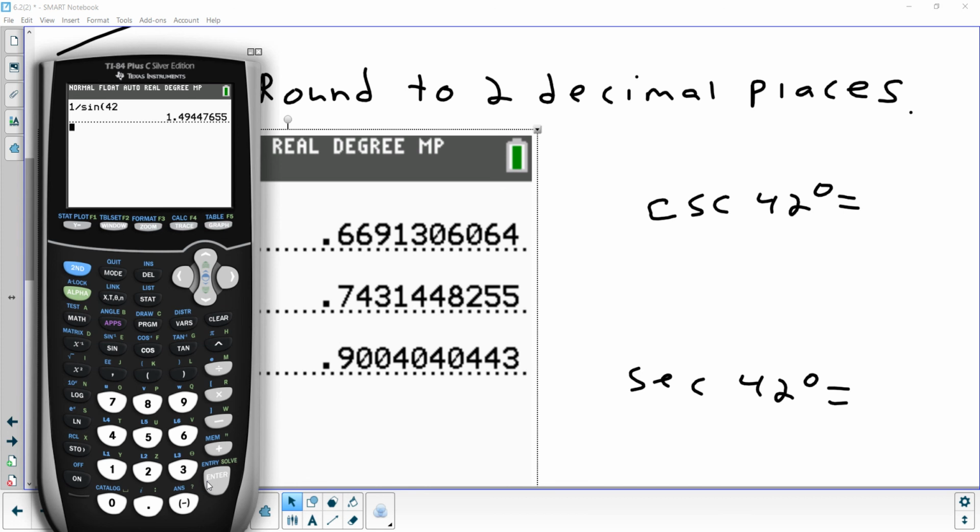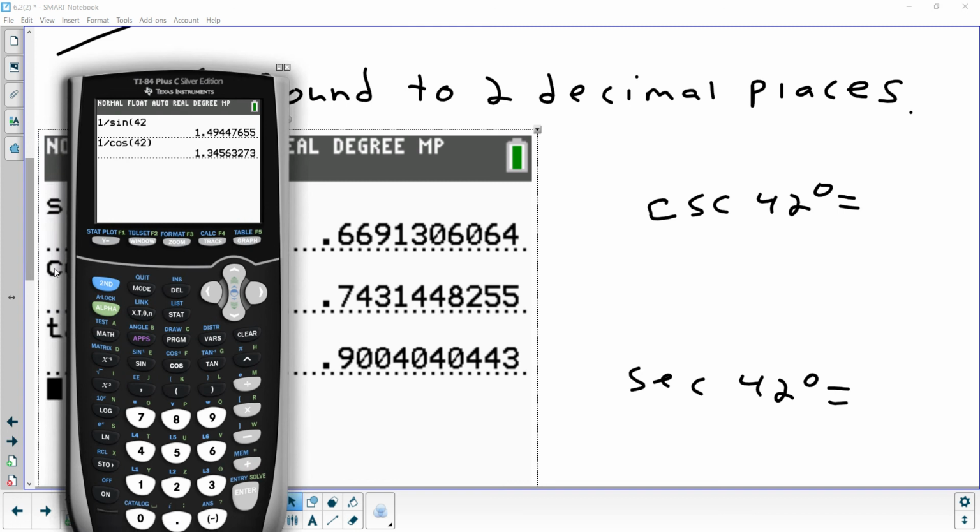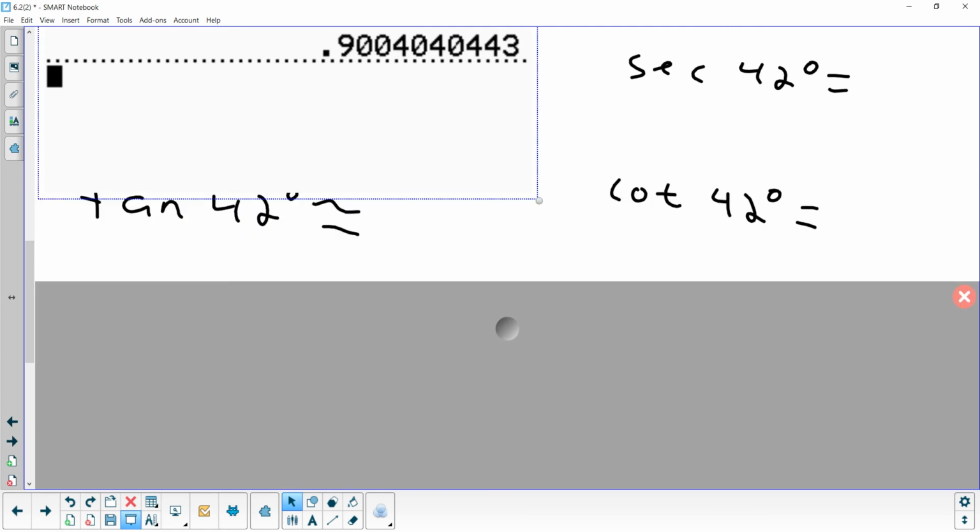How would we find the secant? What would I type in? Mabel? It'd be 1 divided by cosine 42. Yep, 1 divided by cosine 42. And how would I find the cotangent?